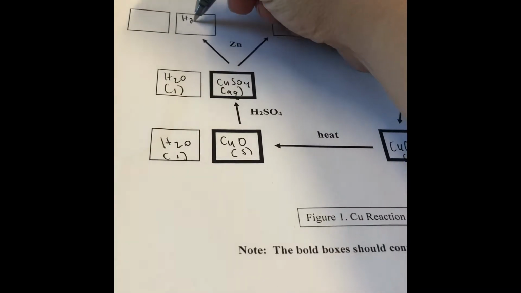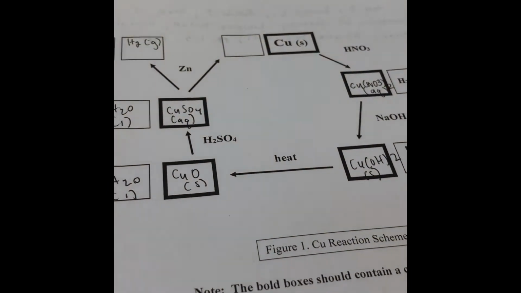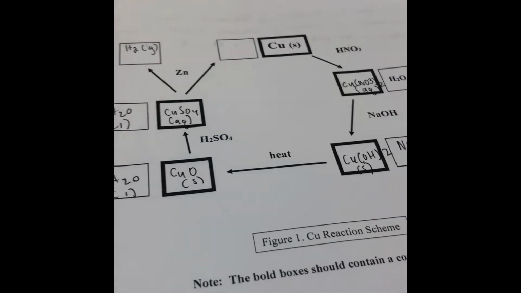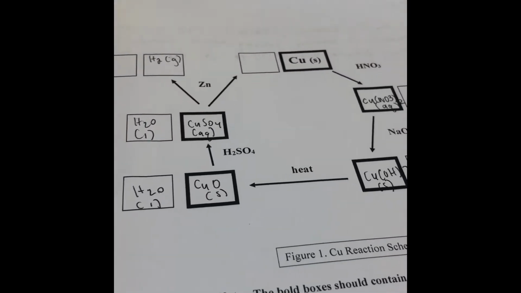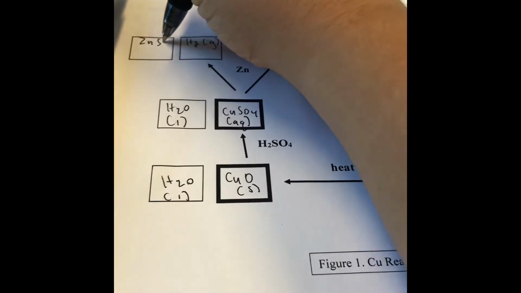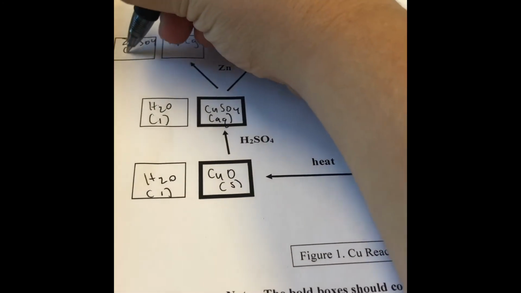And then when the zinc was added, we actually had a couple things happen. Starting up here, we had H2, a gas it gave off. This gas was colorless. You couldn't really see it, but you could see it coming off the beaker when we added that heat again. We also ended up with ZnSO4, which was another aqueous substance. This substance was a white salt.